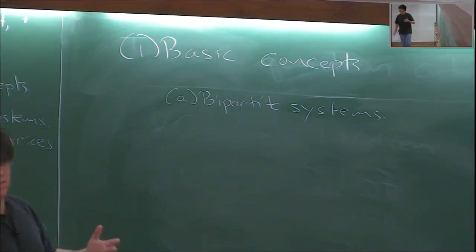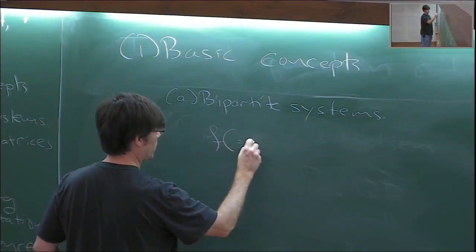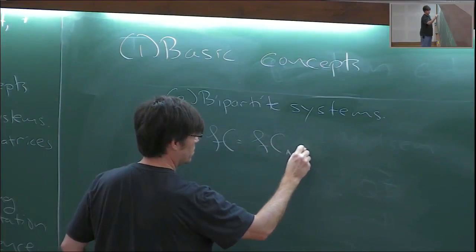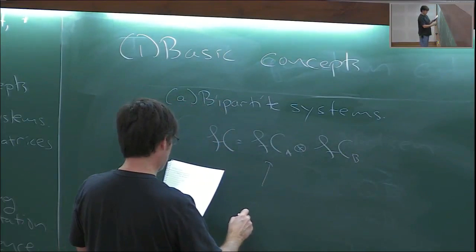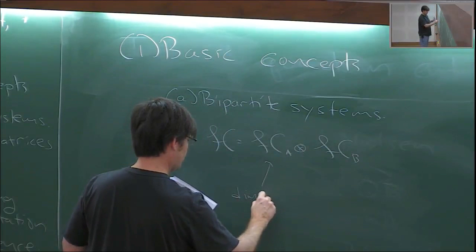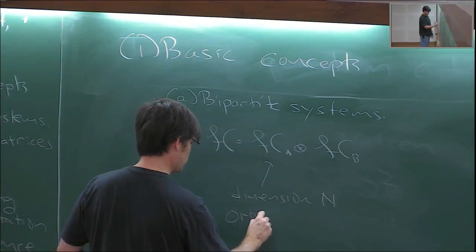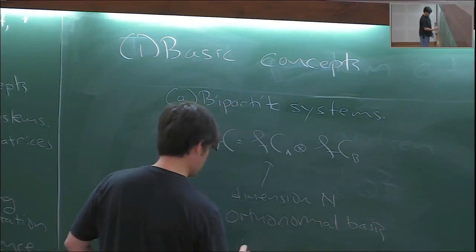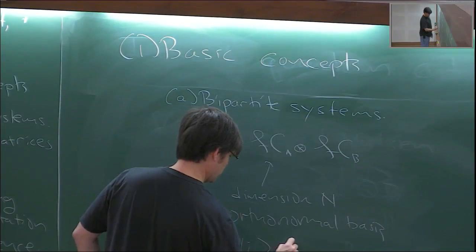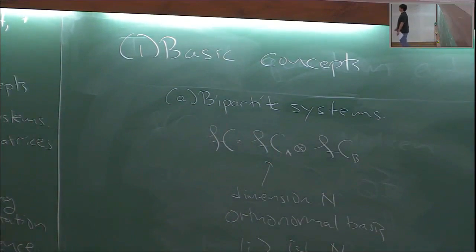So by bipartite systems, I mean exactly the situation which I stupidly just erased. So I'm going to let the Hilbert space, again, be some sort of tensor product. In general, this could have dimension m and an orthonormal basis of n independent unit norm vectors.